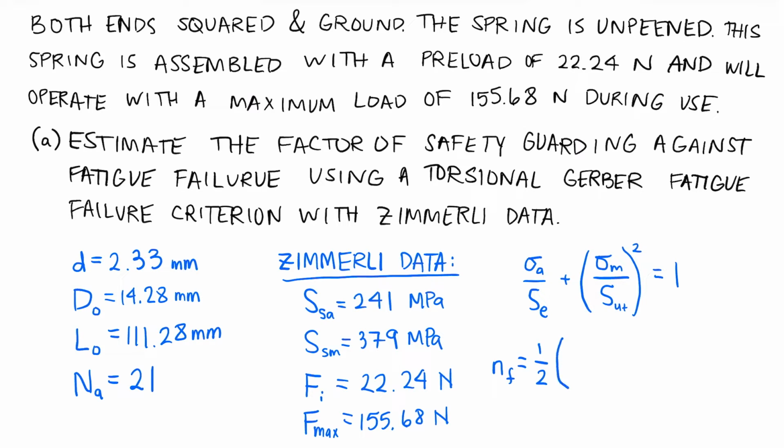So our factor of safety is 1/2 of our ultimate tensile strength over the mean stress squared times the alternating stress over the endurance limit, all of that times negative 1 plus the square root of 1 plus 2 times the mean stress times the endurance limit over the ultimate tensile strength times the alternating stress.